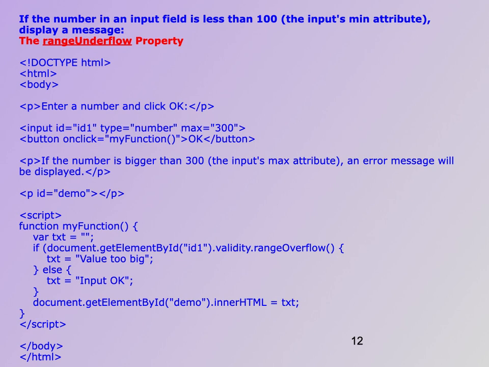That value is updated to the paragraph tag with id equal to demo using the innerHTML property. Either the value is too big if it goes beyond 300, or else input is OK. So this is how this particular program is working.